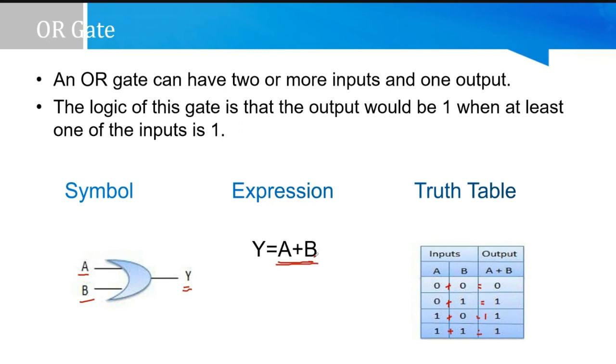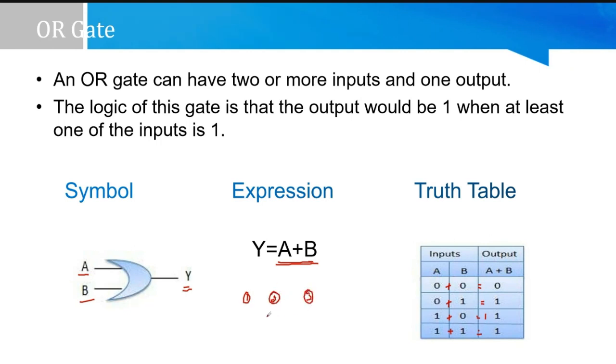In the same way, in the fault controller, in the alarm circuits, in the sensors, or in the trial room display in the mall, the OR gate applications can be used. Suppose you have three trial rooms in the mall. Just for the example, this will be 1, this will be 2, and this will be 3.